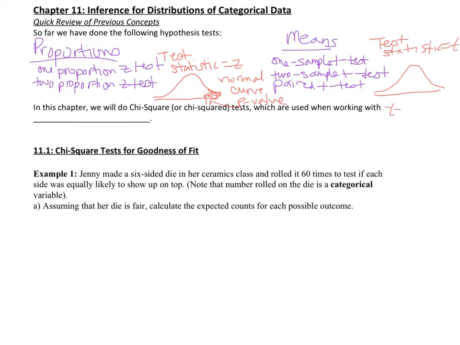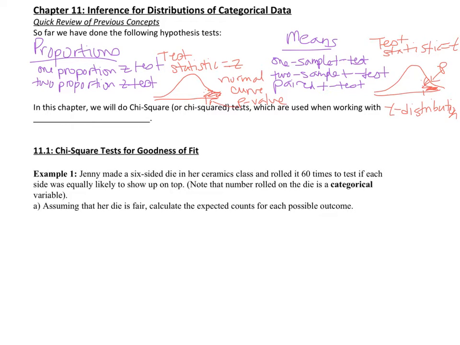So just keep in mind, it's actually not a normal curve, but as your degrees of freedom, as your sample size gets bigger, it looks normal. So usually we draw it as a normal curve, but it's actually not. The p-value is found the same way. It's the shaded region there. So that would be your p-value.